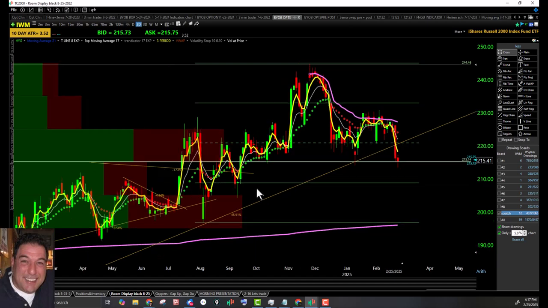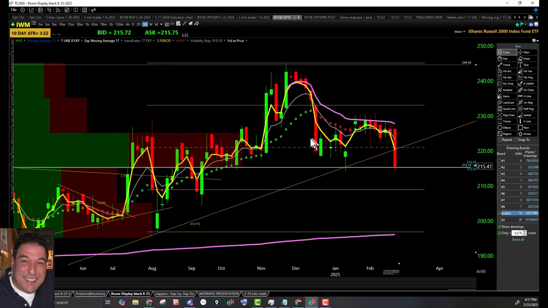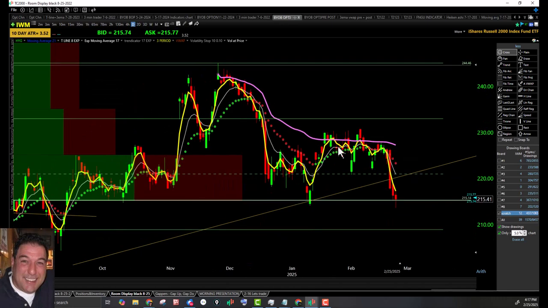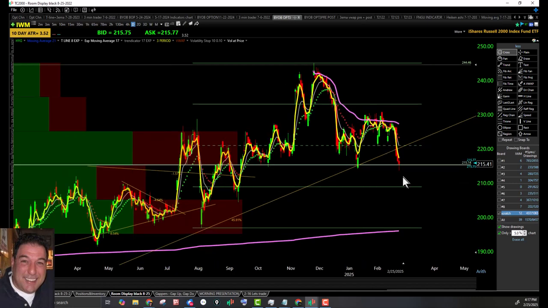You get a much better read when you do the 3-day and the 2-day on IWM, because it's a lot of small caps. You tend to get a lot of tails and a lot of wicks in it. So you should probably view it on a 2-day as opposed to a single day. But here we are, moving up, giving it up as neutral.